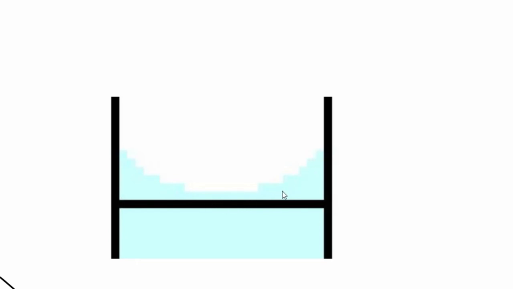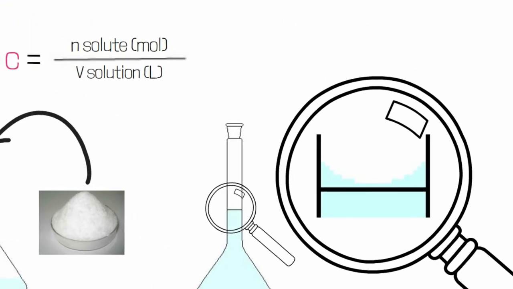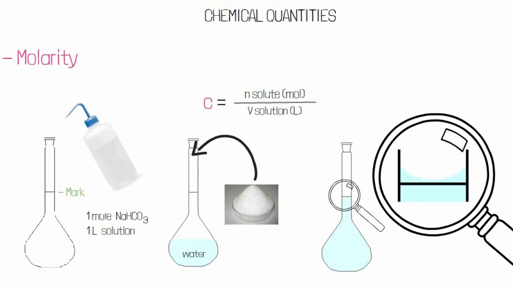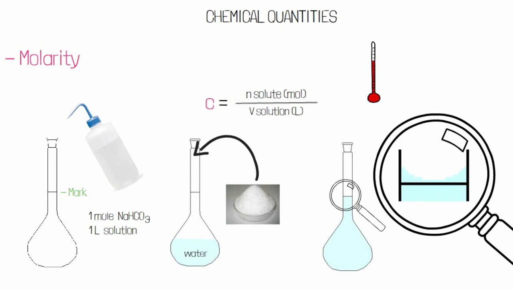The upper part you cannot do anything about, but you know that you reached the exact amount when the lower part is touching the line. I hope it was clear. Since molarity is expressed with volume, and since the volume changes with temperature, this means that molarity depends on temperature, okay? So keep this in mind.